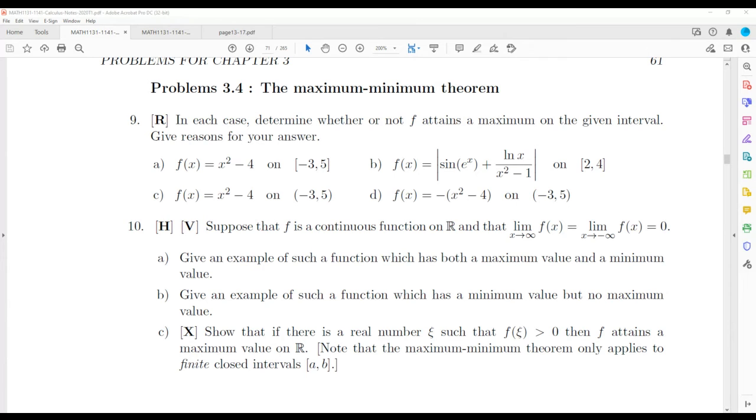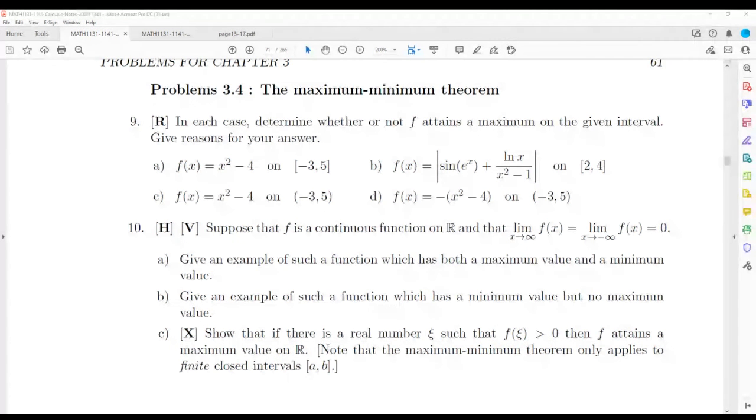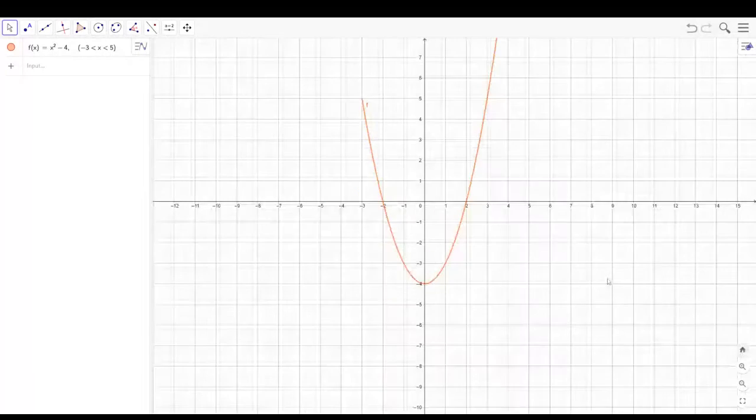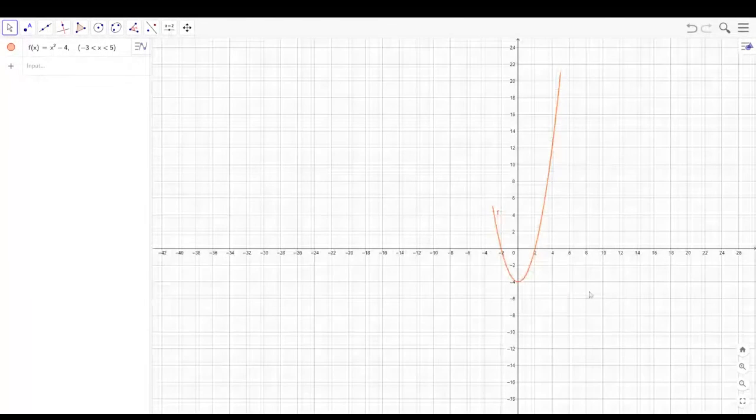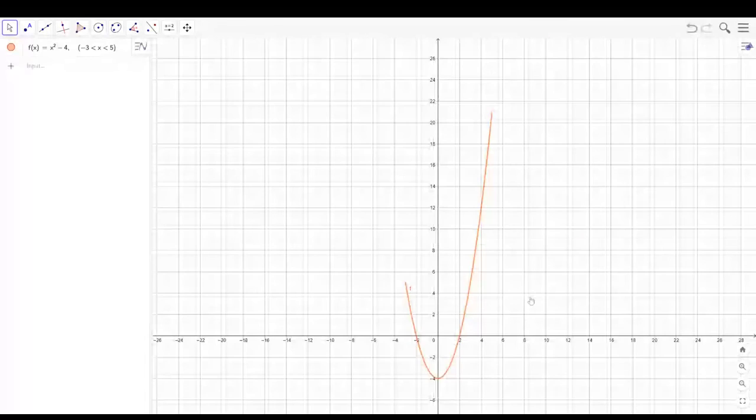Hang on a sec. Okay, all right. So I'm just going to slide my GeoGebra over there. Let me share my GeoGebra with you. Okay, here it is.